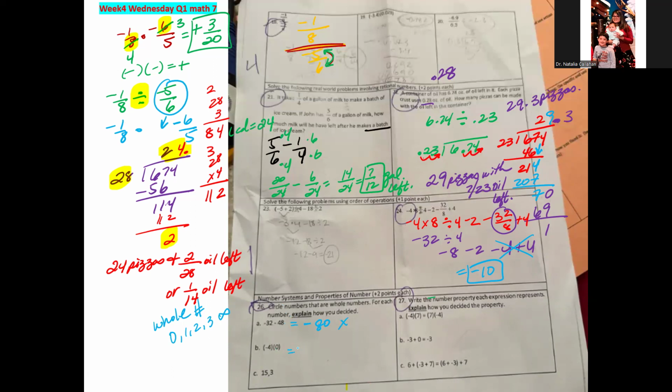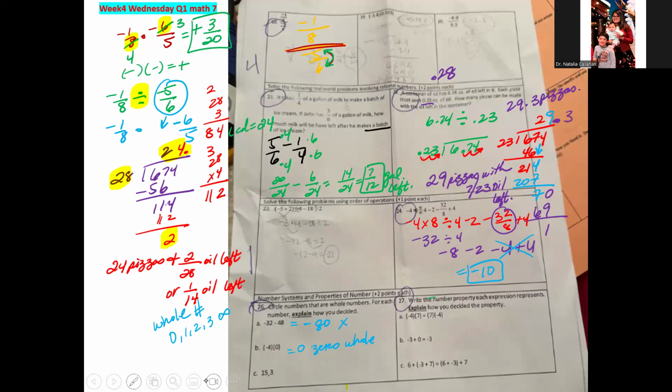This one is going to give you a 0. That is a whole number, but you have to explain. You should say something like, whole numbers are numbers that are 0, 1, 2, 3, all the way to infinity with no decimals. 0 qualifies as a whole number. And that's all you have to say.